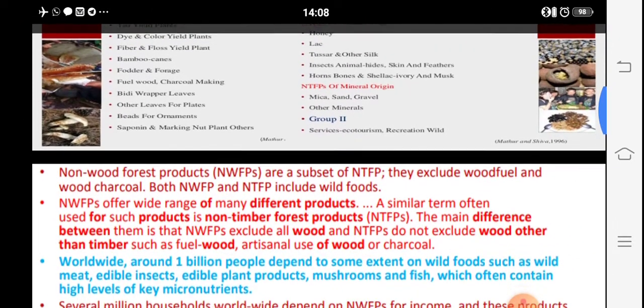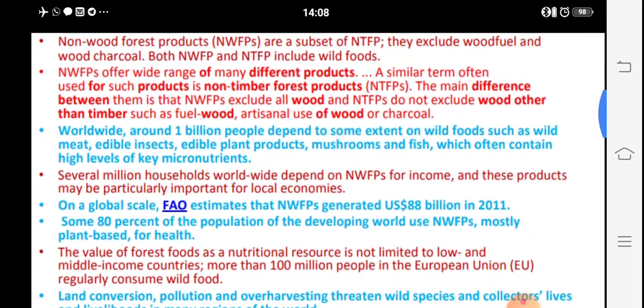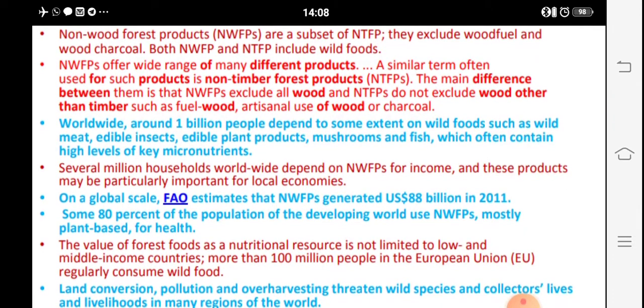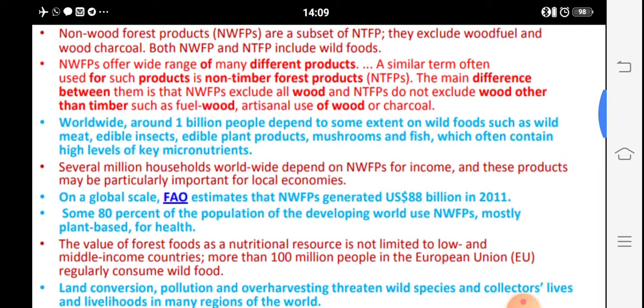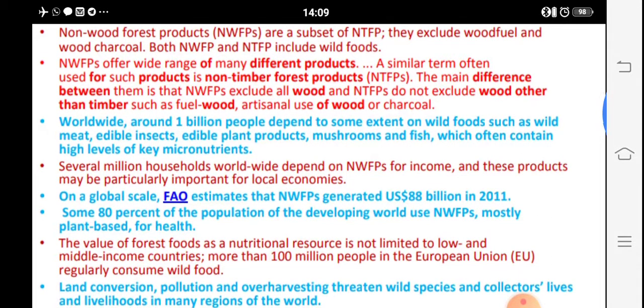So what about NWFPs, that is non-wood forest products? These are a subset of NTFPs, that is, non-timber forest products. So they exclude wood fuel and wood charcoal. Both NWFPs and NTFPs include wild foods.